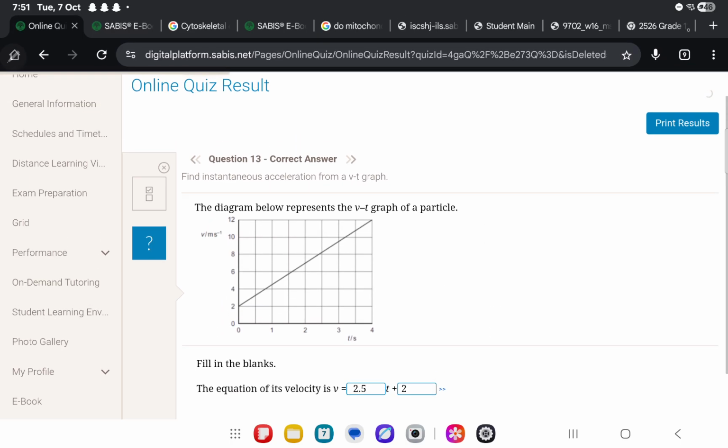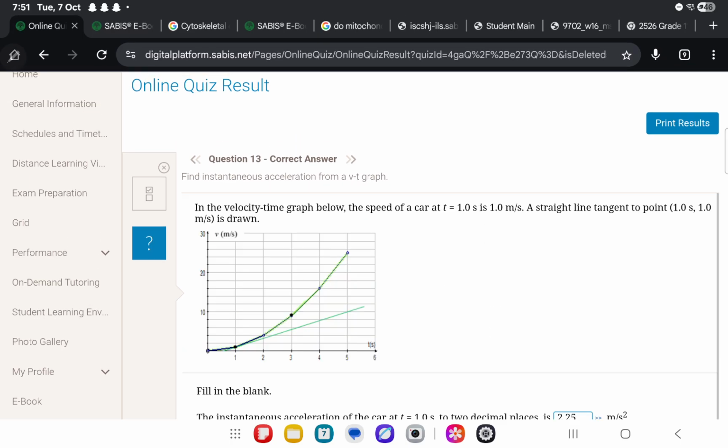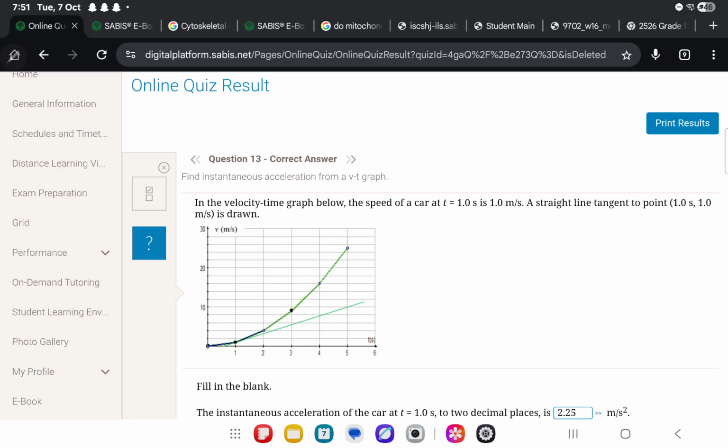Question 13. Okay, here we have a velocity time graph, and we have the speed of the car at 1 second is 1 meter per second squared, and a straight line to the tangent. Whenever you see straight line to the tangent, immediately you should know that this is probably instantaneous acceleration. Right, and then you can find out by reading the question later.